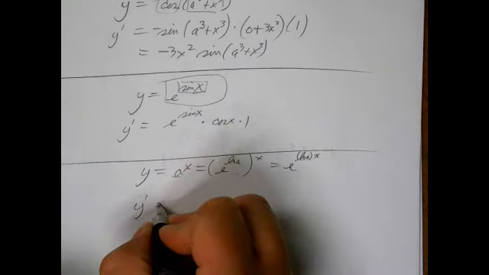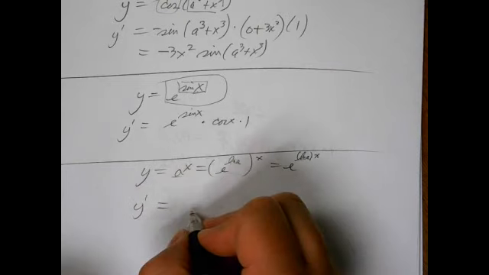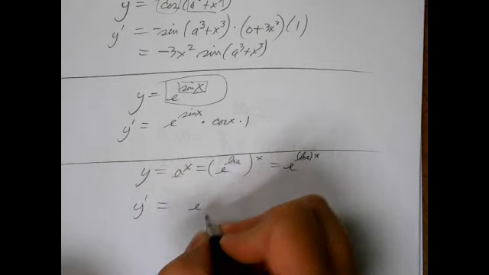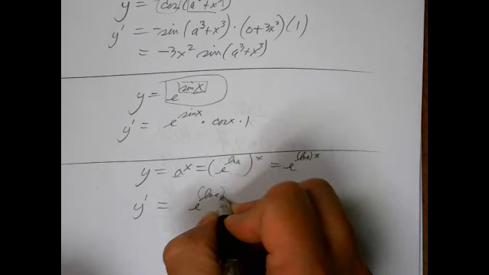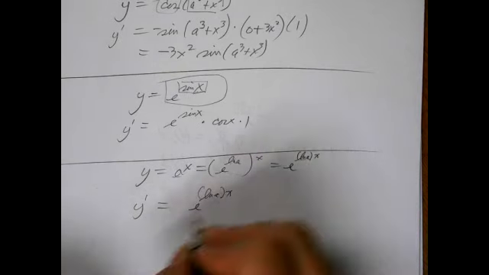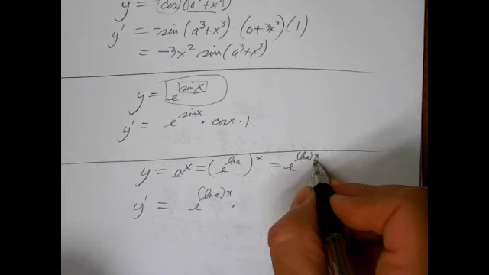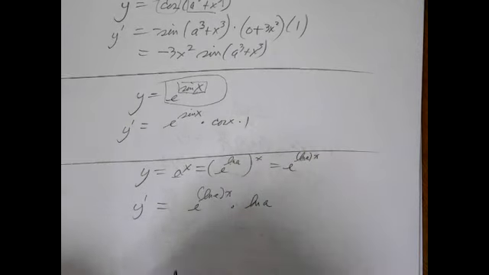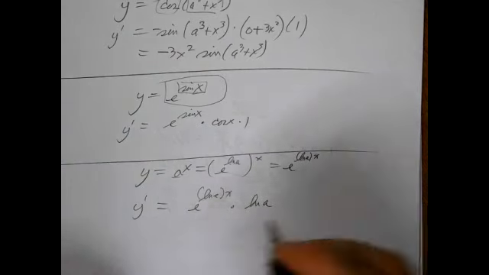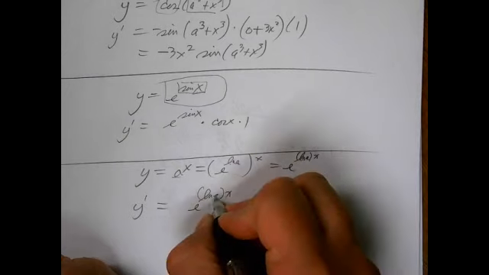So therefore y prime would be e to the natural log of a times x, times the derivative of the power. Well, a constant times an x, the derivative of that is just the constant. So what's going to happen here, whoops, natural log of a, I turned an a into an e.